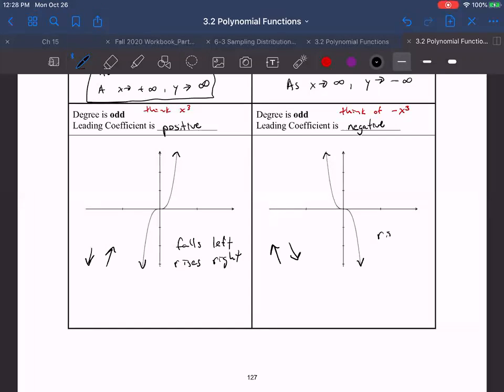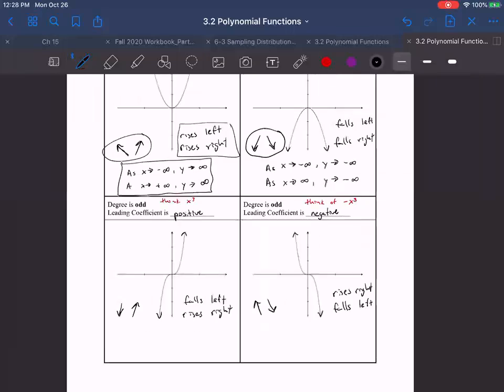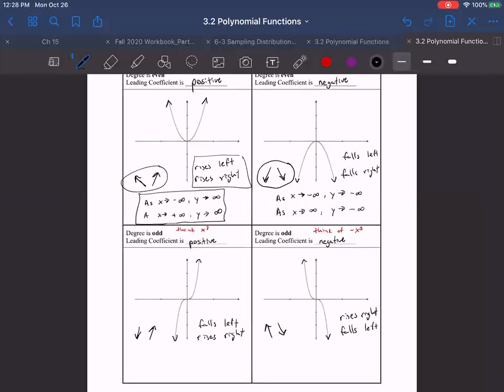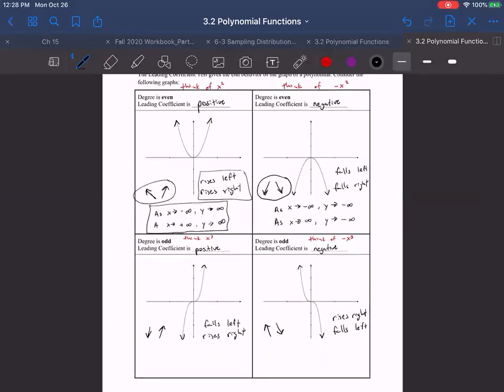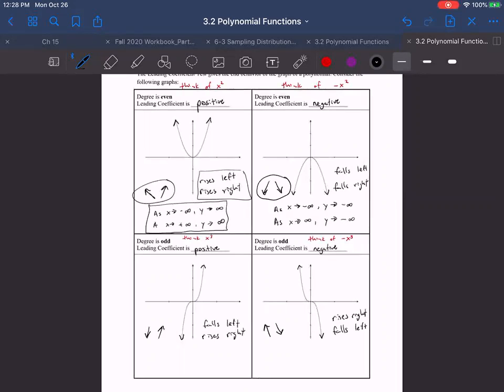So it rises left, falls right. Okay, that's what that one is going to look like. So anytime you have an odd exponent, it's going to have the same end behavior as x cubed. Every time you have an even degree, we're going to have it follow along the same type of thing as x squared does.